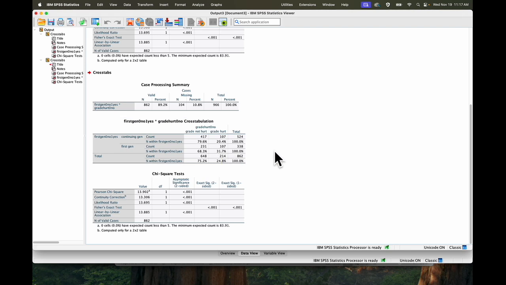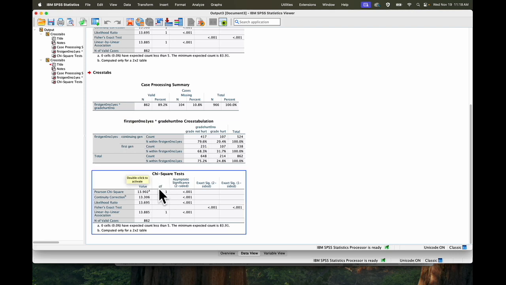So what you could argue based on these findings is that requiring students to pay for access codes is disproportionately harmful to first generation students compared to continuing generation students. So that is how to conduct a chi-square analysis where you have two variables.